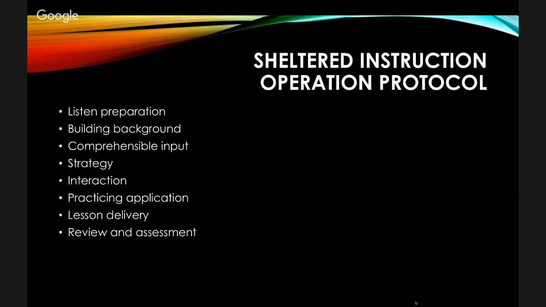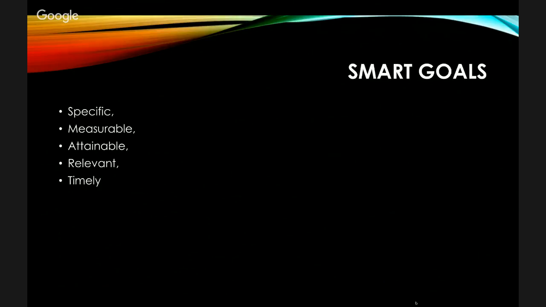These are lesson preparation, building background, comprehensible input, strategies, interaction, practice and application, lesson delivery, and review and assessment. The first thing that we learned in this course was to create smart goals.